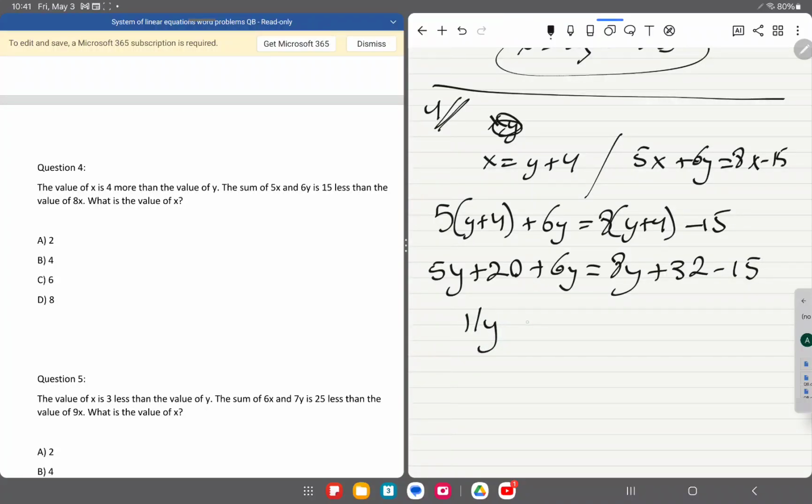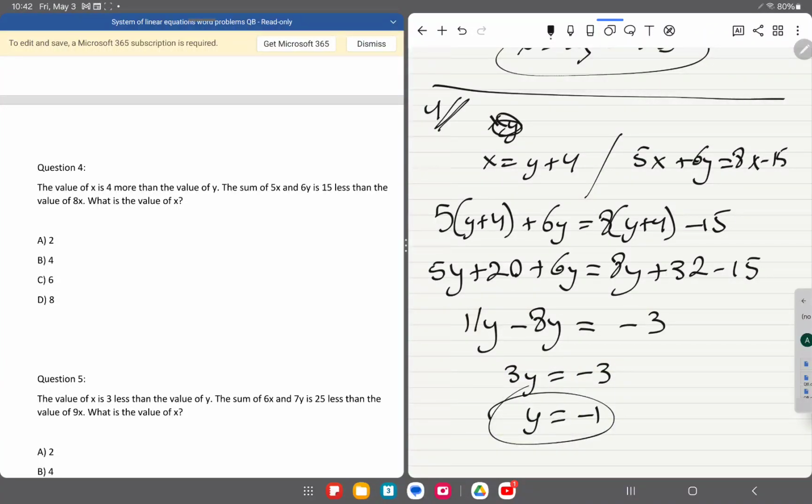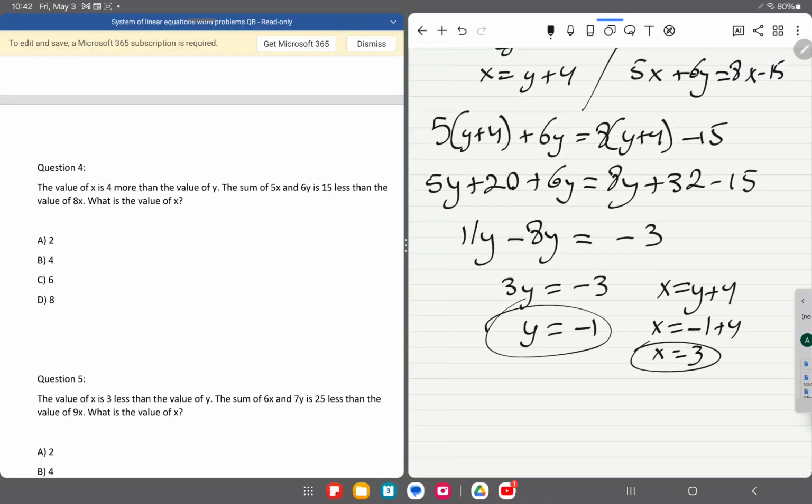So 11y minus 8y is equals to minus 3. So 3y is equals to minus 3, y is equals to minus 1. But I want to get x. x is equals to y plus 4, x is equals to minus 1 plus 4, x is equals to 3. Again, it's not there.